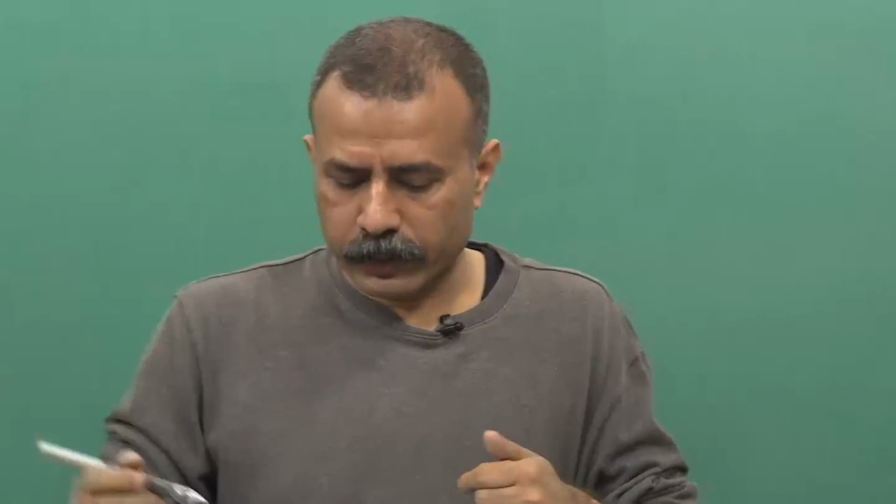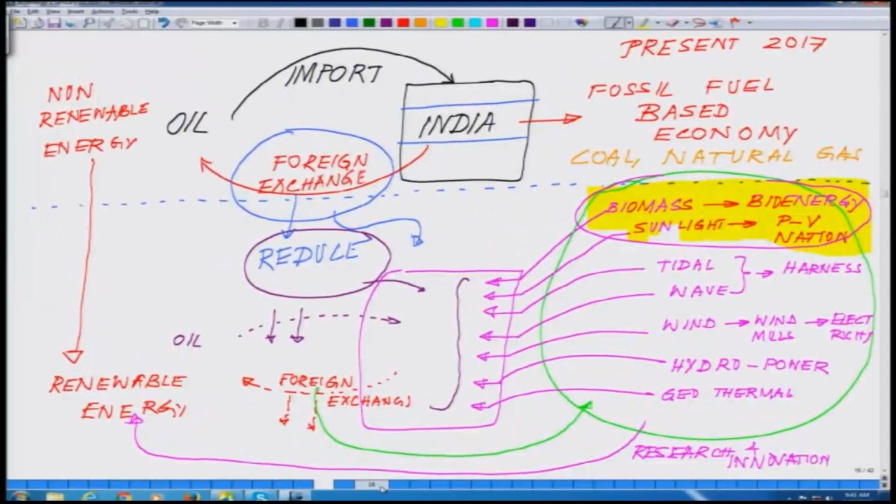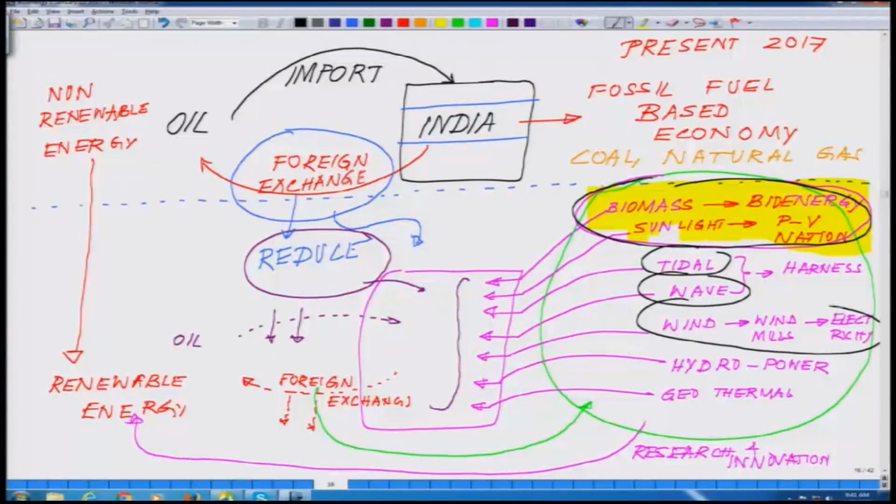Again reiterating, if we look at India's situation, whether we talk about biomass, which is abundant, sunlight, tidal, wave, wind, hydropower, geothermal, all abundant, all these added together could make an enormous difference in the energy landscape of the world.